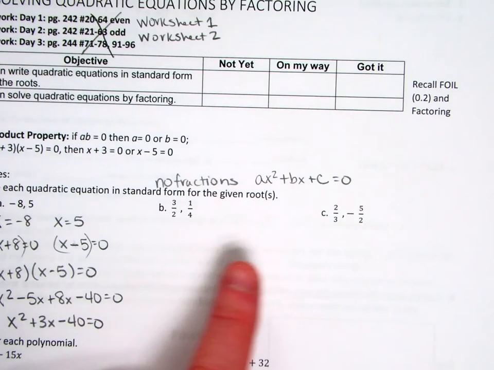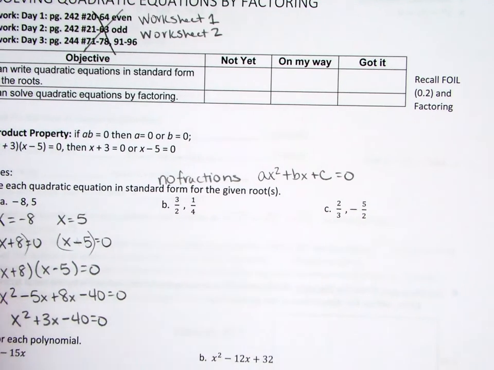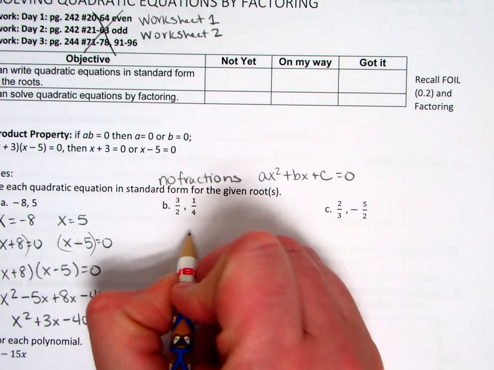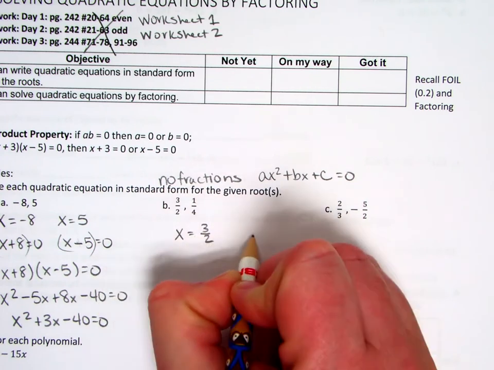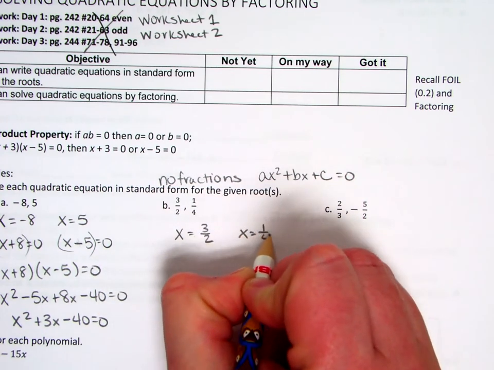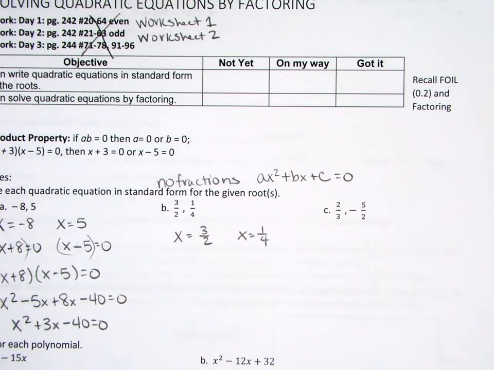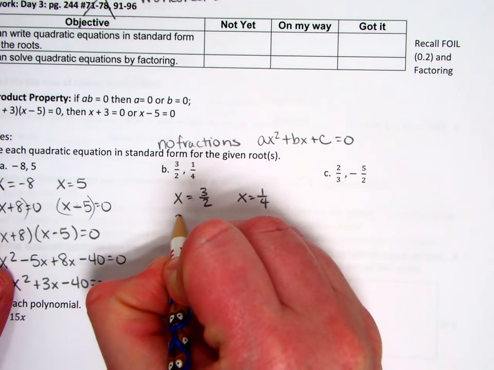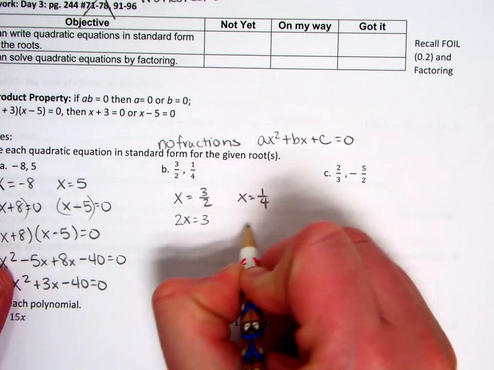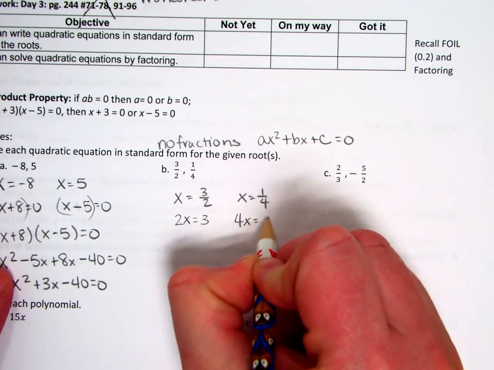The next one, we're going to do either one of these. I'm just going to do one of them. So here, if I had x equals 3/2 and x equals 1/4, to undo the dividing of 2 and dividing of 4, I would multiply them. So I would have 2x equals 3, 4x equals 1.